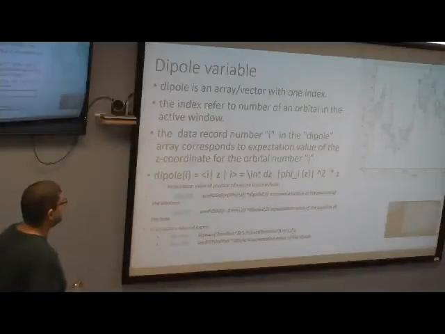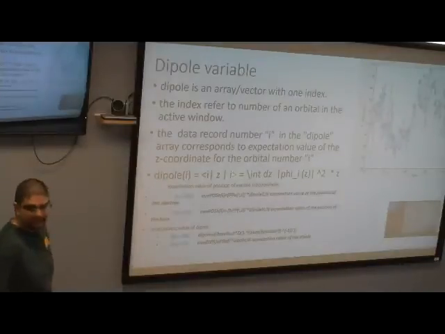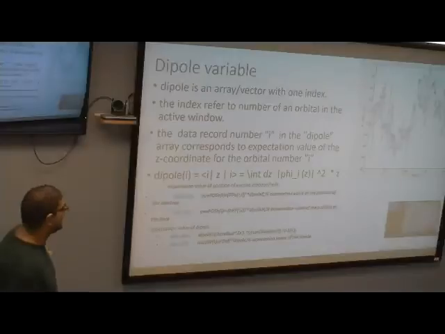The data record number I in the dipole array is basically the expectation value of the z coordinate for orbital number I. As you can see here, this is bra-ket notation for those of you who've taken quantum mechanics.